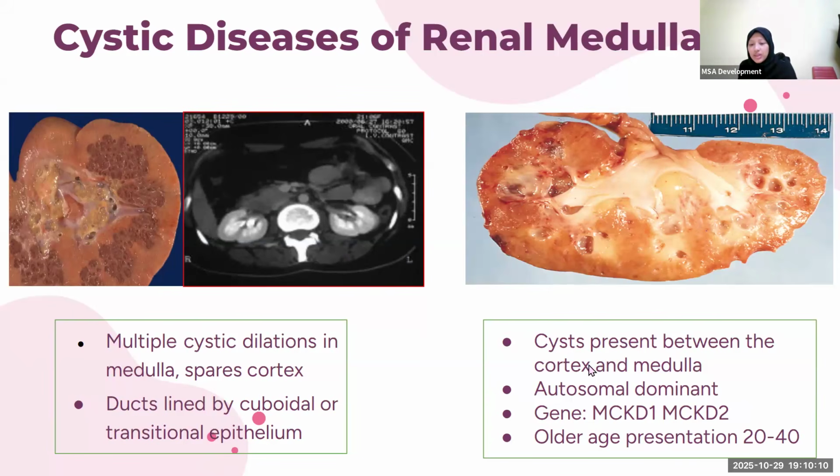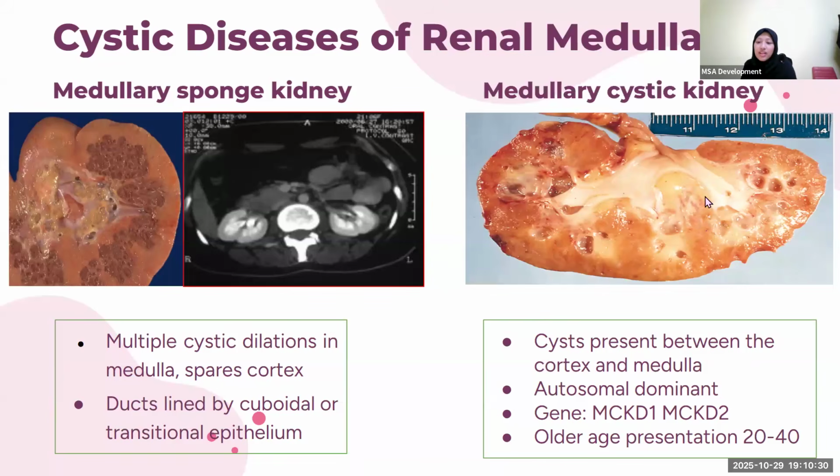So cysts between cortex and medulla, autosomal dominant. These two are the genes, and they present later, with older age presentation. These genes are again listed in the table. So this is again medullary sponge kidney. It looks very much like a sponge in the middle. You can remember it like that. This one is only medullary cystic, so few cysts at the junction between the cortex and medulla.